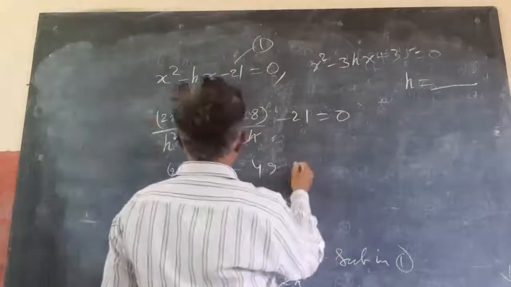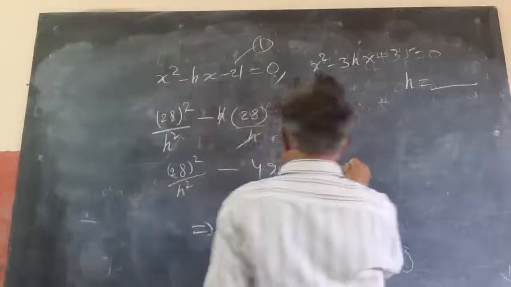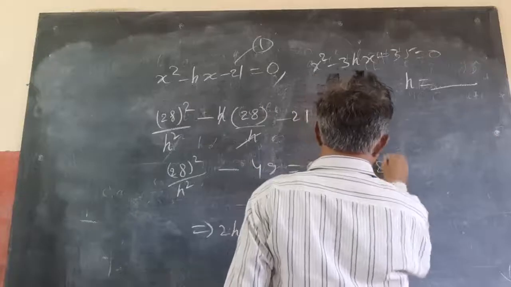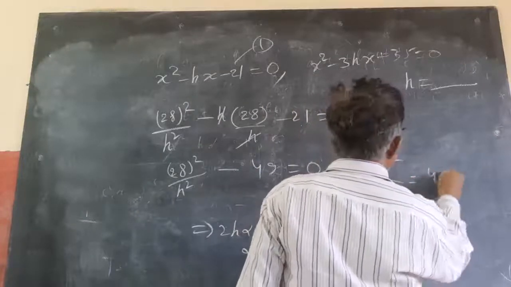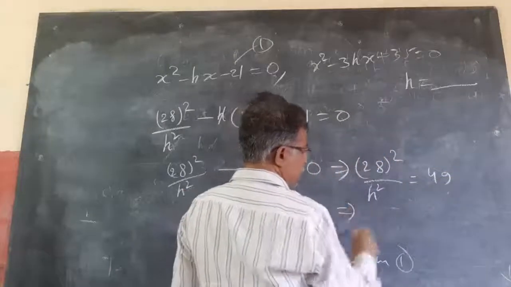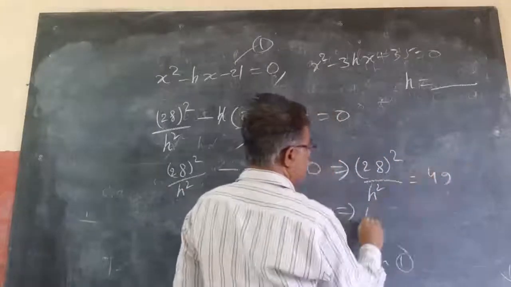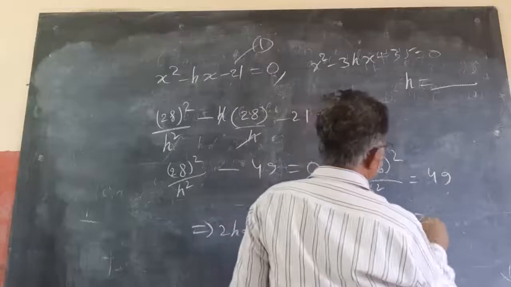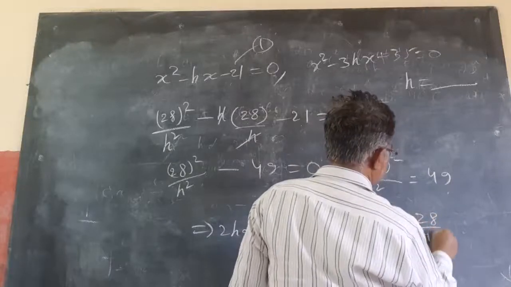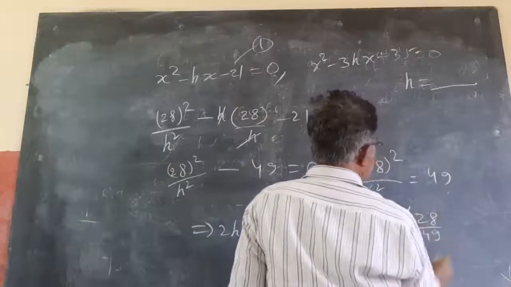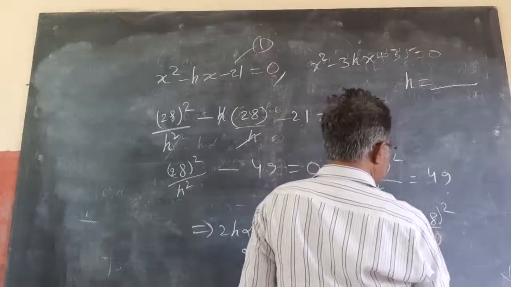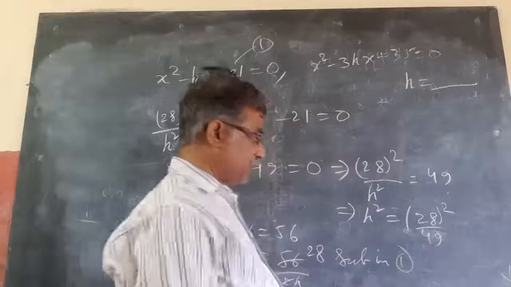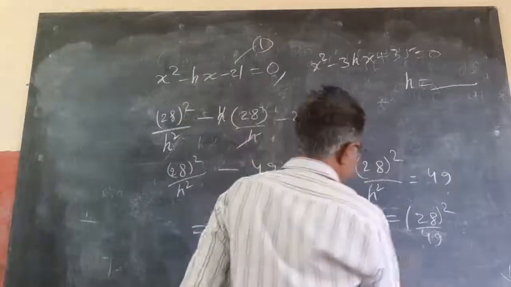49 to that side, equal to 0 I have. This implies 28 whole square by h square equal to 49. Now taking h square to this side and 49 to that side, h square equal to 28 square by 49. And this 49 is 7 square.